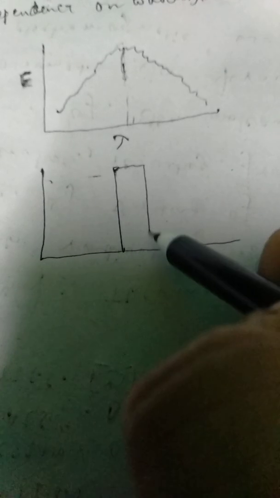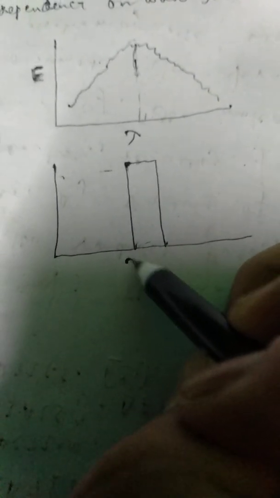There may also be a case in which, for a certain wavelength the emissive flux will be very high, and for other wavelengths it will be zero, like this. This is showing a particular band.